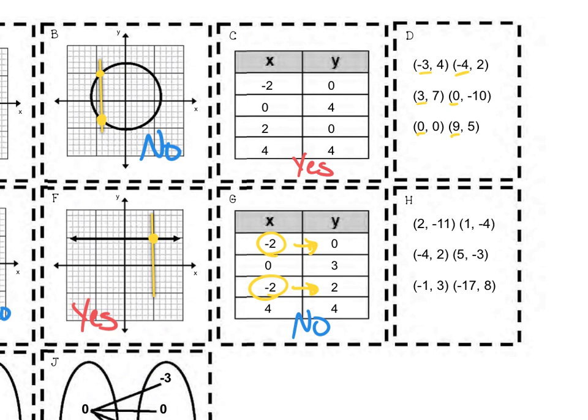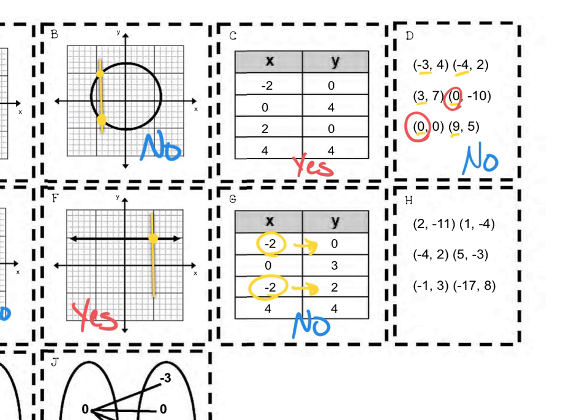Yes, there were. 0 is X, 0 is X. Those are the X value that is the same. So they repeat. So the answer here would be no, it is not a function. Because for functions, all of your X values have to be different. They cannot be the same. Are y'all with me? All right.